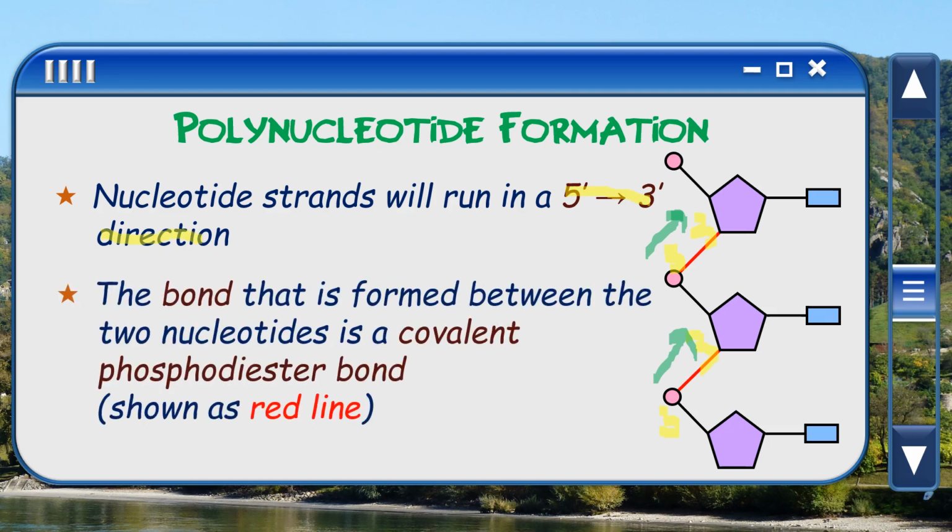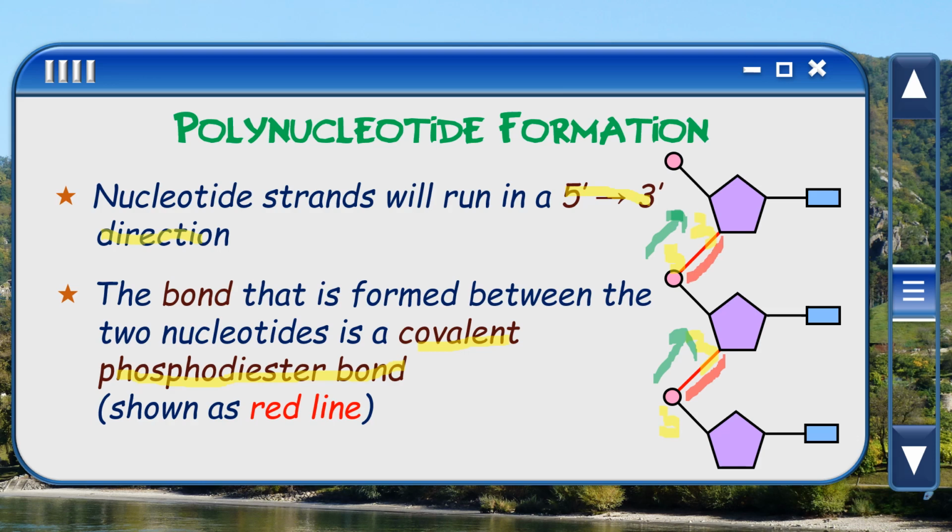The bond that is formed between the two nucleotides is a covalent phosphodiester bond. That bond that we are seeing in red, this bond here, is what we are referring to as a covalent phosphodiester bond.